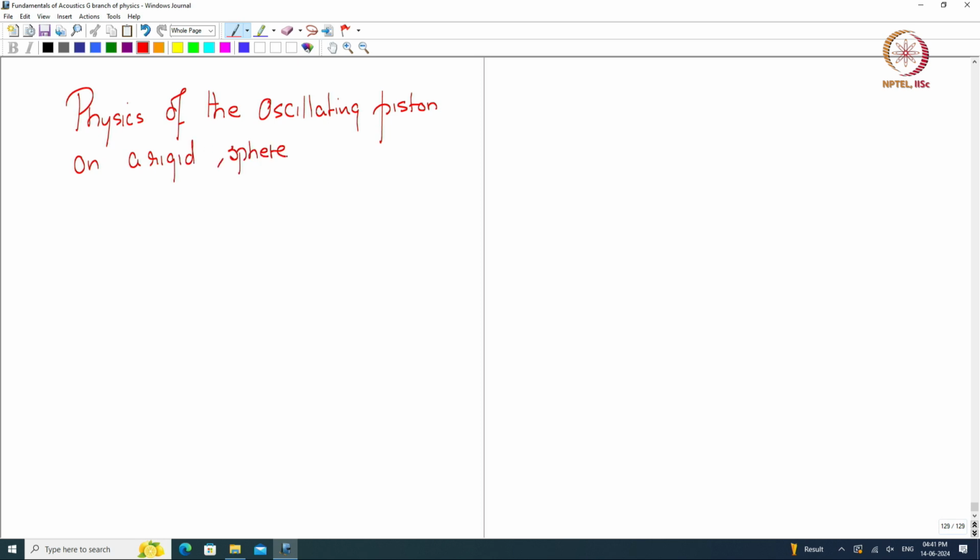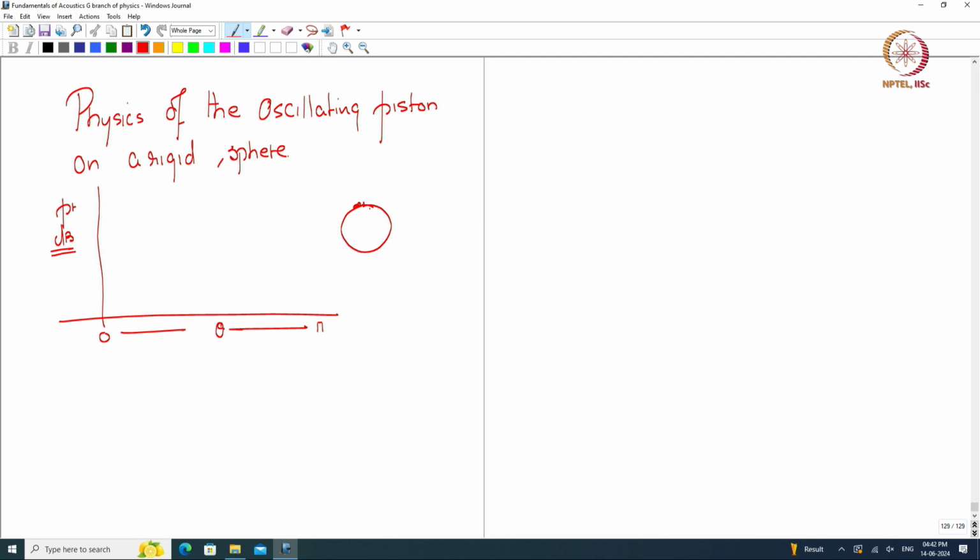And we described the physics using plots of this form, where there was a pressure in dB plotted here. One of the plots was the angular position from 0 to pi around a sphere.